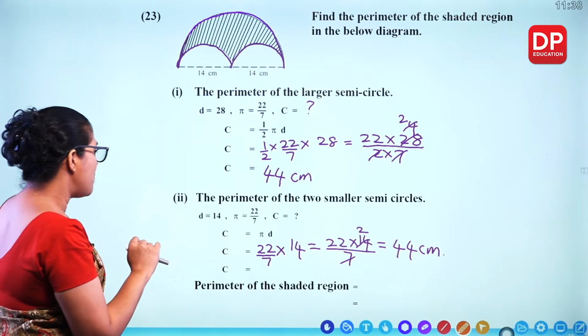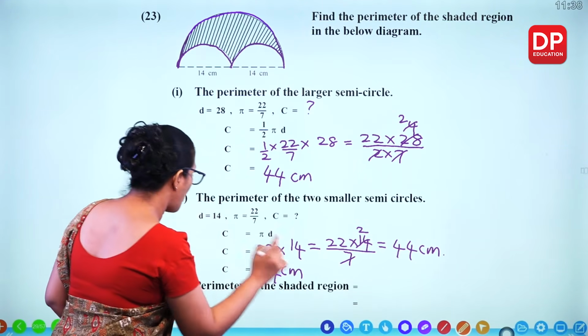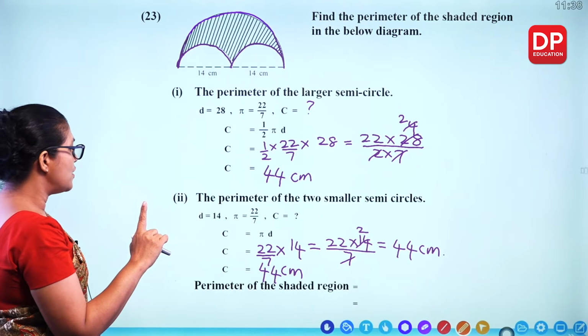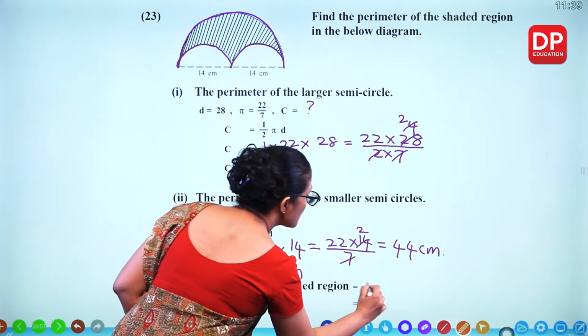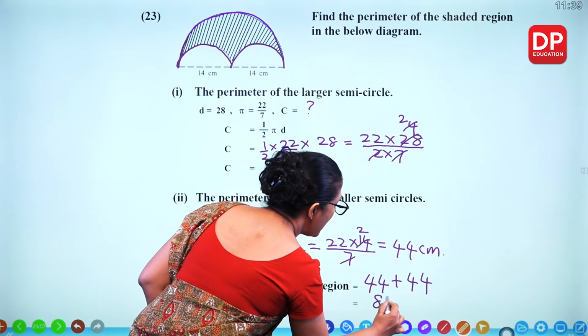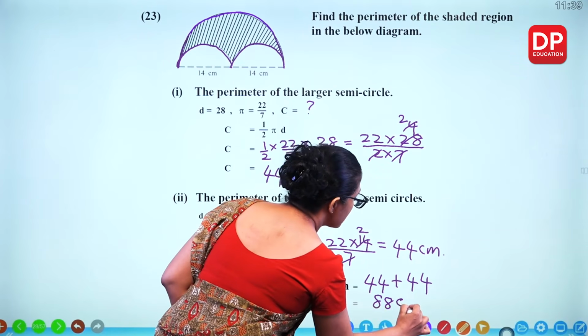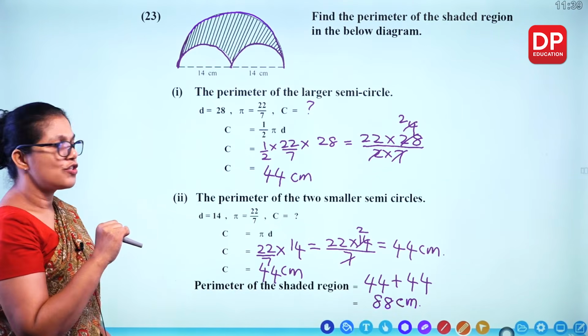Now we'll do the other part. Now we found out this is 44 centimeters. So what's the perimeter of the shaded region? You add these two. 44 plus 44, you get 88 centimeters. That is the perimeter of the shaded region.